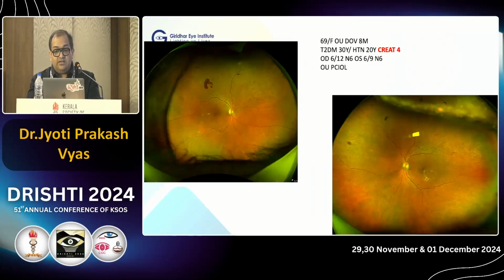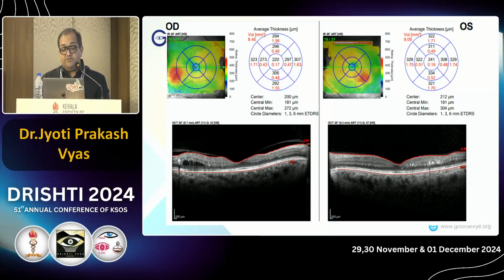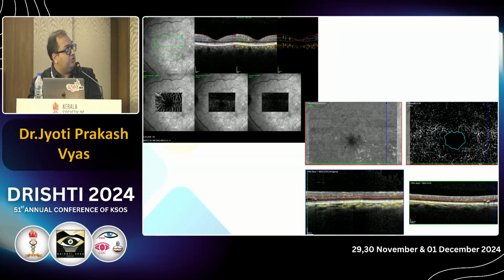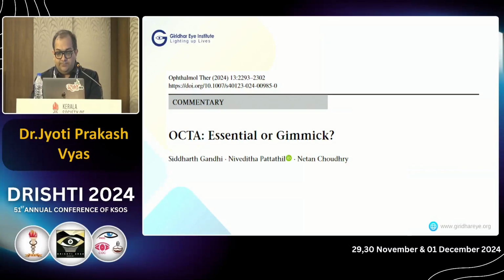The patient had a vision of 6/12 N6, and in the absence of macular edema, even now you can see there's an enlarged and irregular foveal avascular zone in both the eyes, which gives you a silent hint as to the disease progression as it is proceeding.